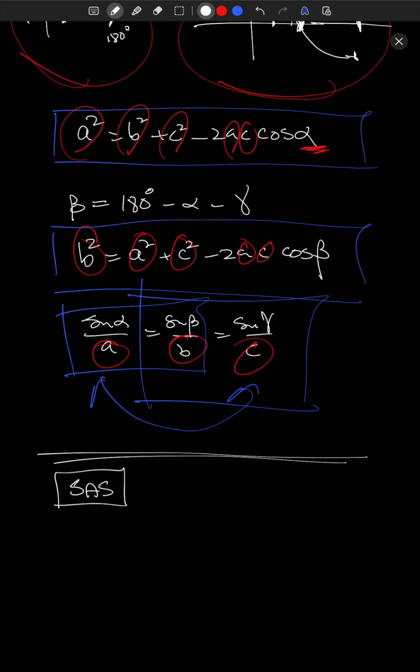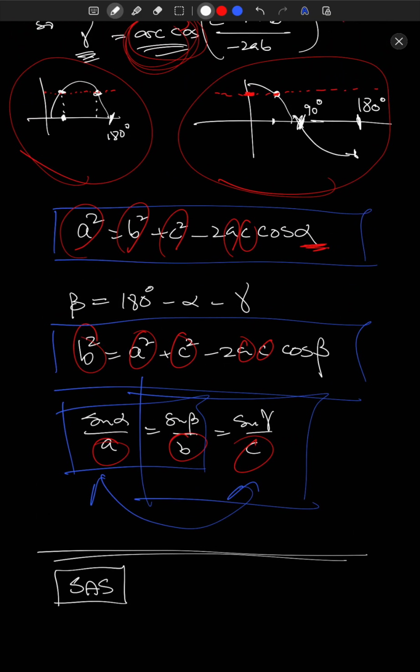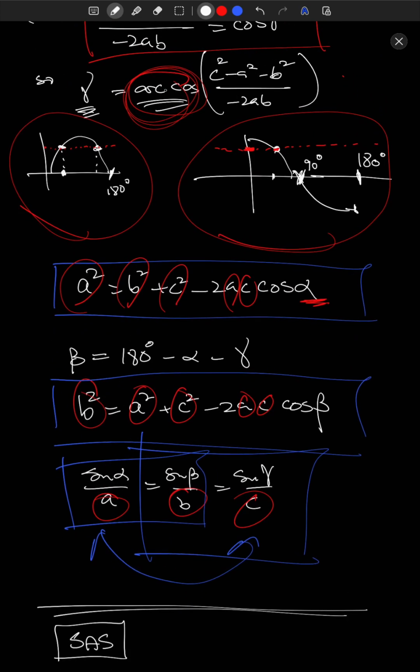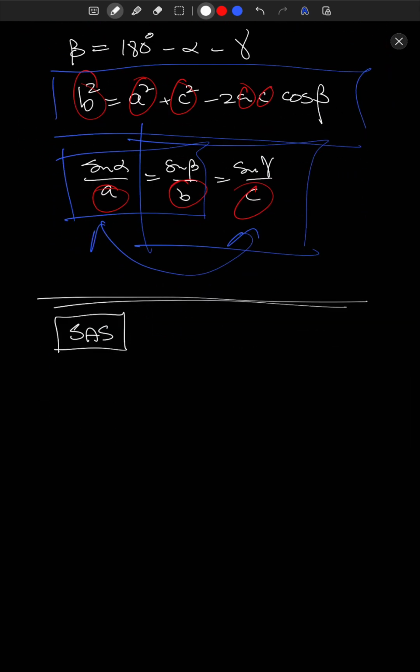That can occur up here with the SSS situation, where just like we saw with the sines, if I end up with somehow arc cosine of something bigger than 1, then there is no solution, right? So then there is no triangle, okay? So that can definitely happen. But you obviously will see that if you try to take the arc cosine of a quantity that's illegal. All right, SAS.